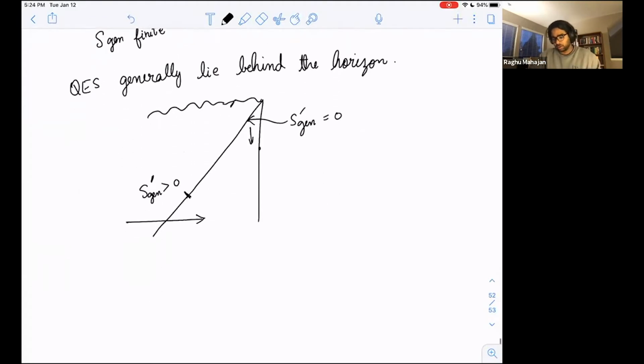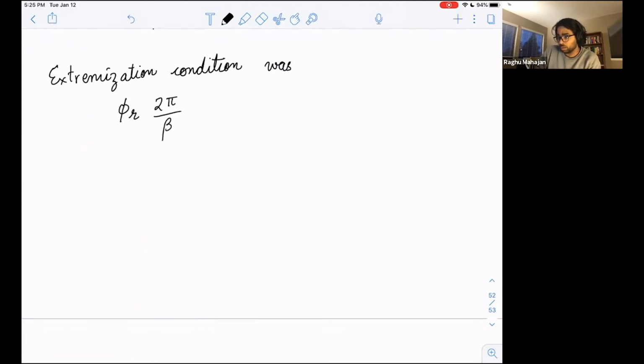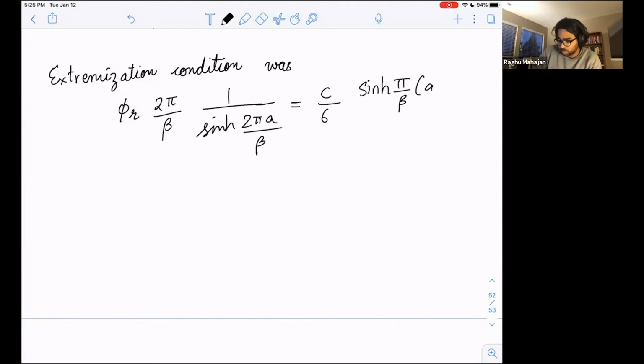Let me explain that in our example, the examples that we have been doing. The extremization condition was, at finite temperature, phi_r 2 pi over beta 1 over sinh(2 pi a over beta) equals c over 6 sinh(pi over beta (a minus b)) divided by sinh(pi over beta (a plus b)).